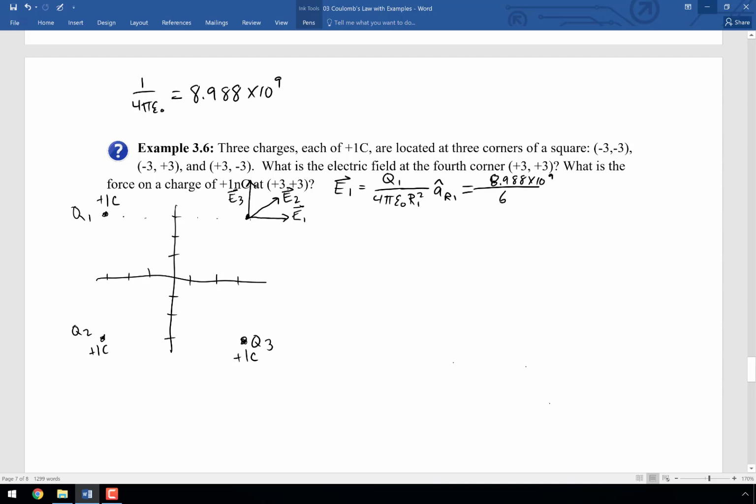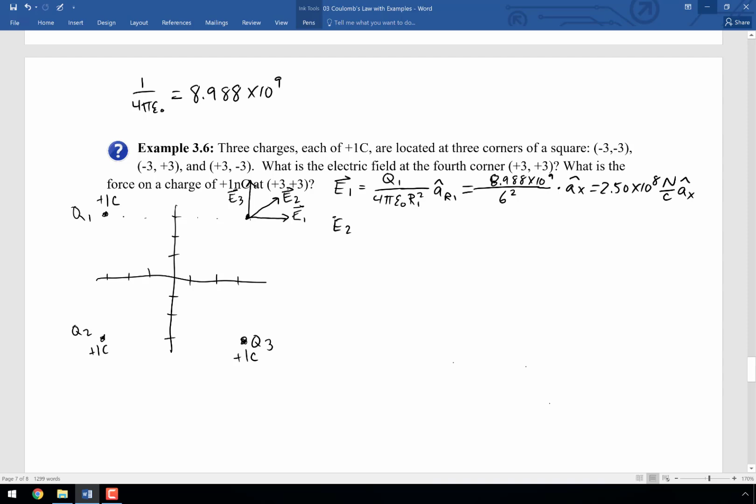So it's 6 meters away, and that quantity is squared. And then A sub R points from the source of the electric field to the place where the electric field is being felt, and so that is plus A sub X. And so this works out to be 2.50 times 10 to the 8th newtons per coulomb in the A sub X direction.